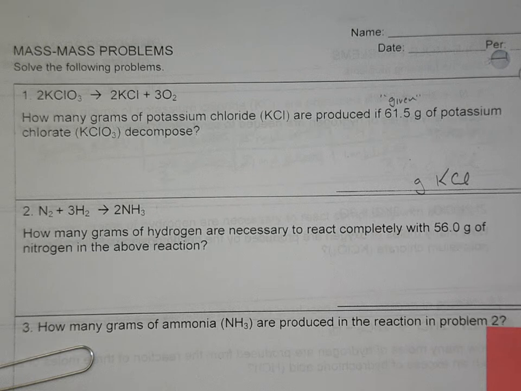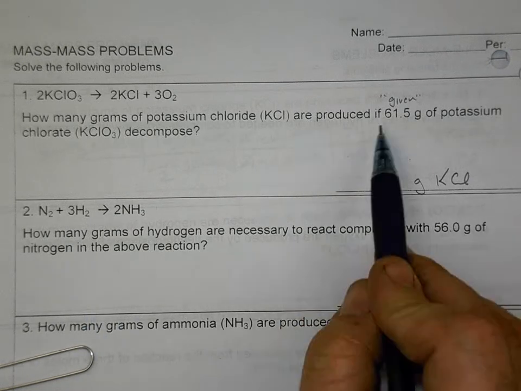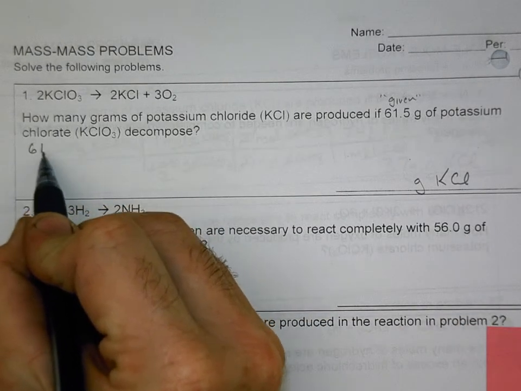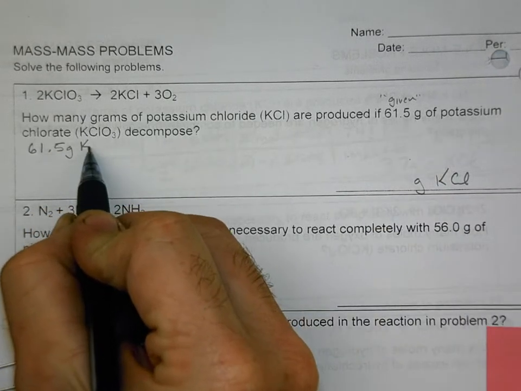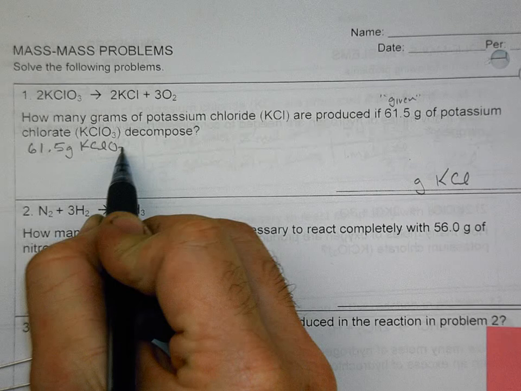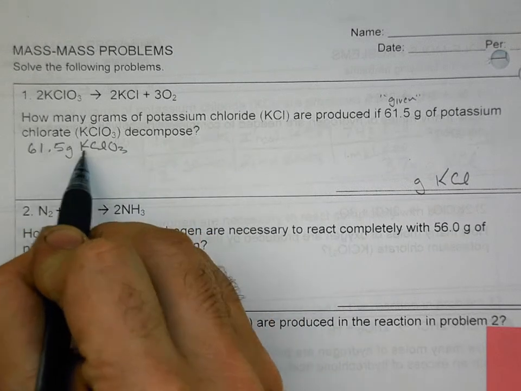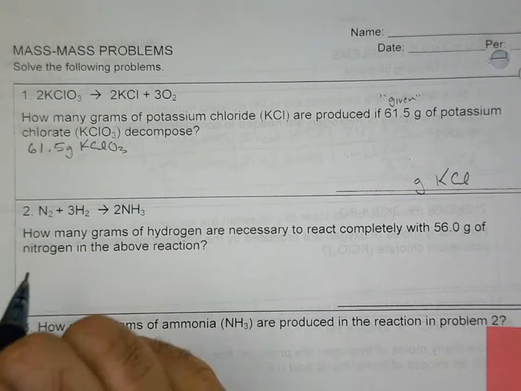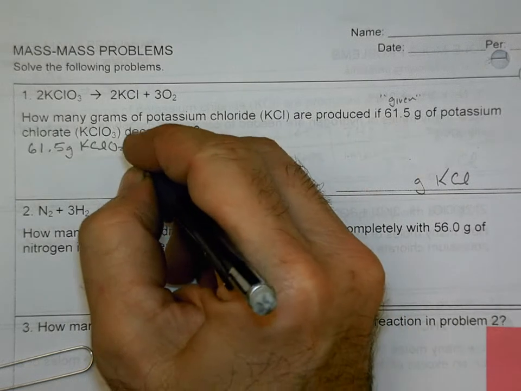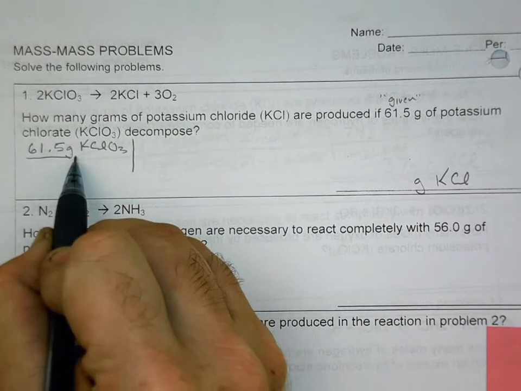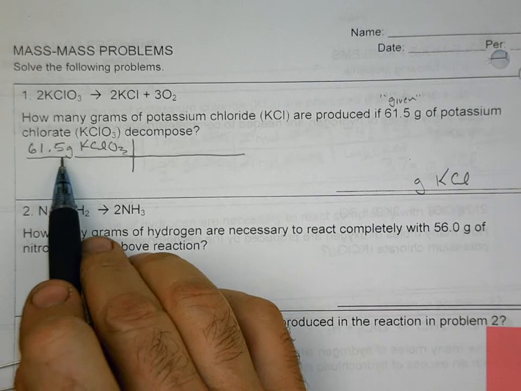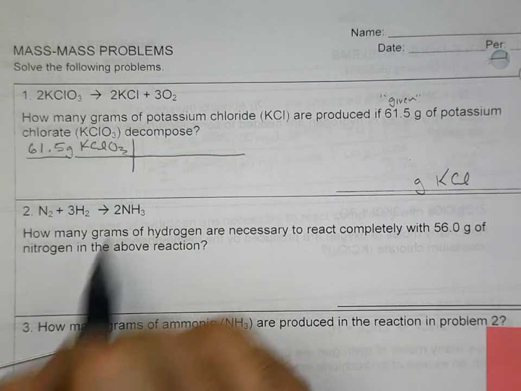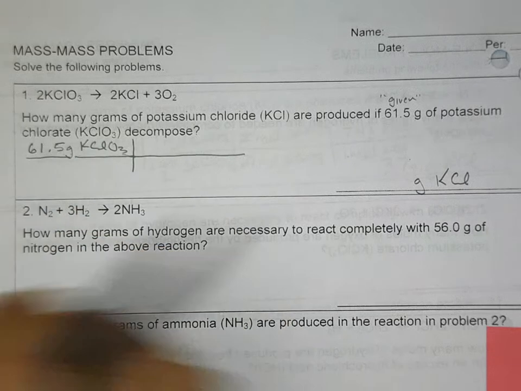As usual, we're going to start off with what's given: 61.5 grams of potassium chlorate. In these types of problems, it's so important that you put grams and KClO3, because we're going to be doing lots of cross-canceling. Set up our multiplication conversion chart here. Now we need to convert the grams of potassium chlorate into moles. We look on our chart, and here's potassium chlorate.